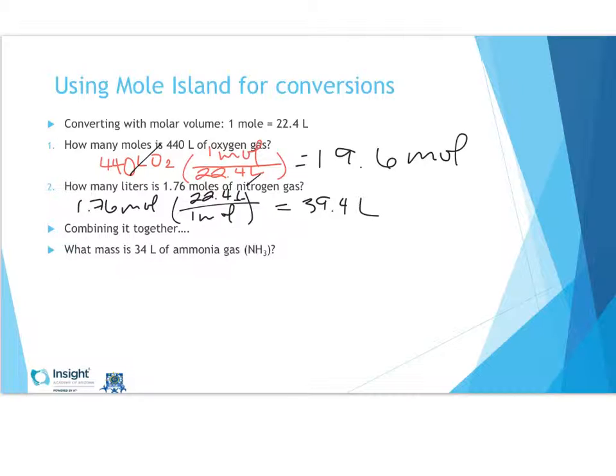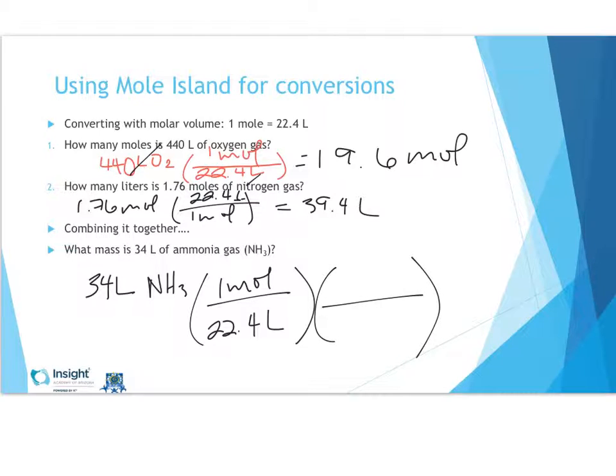What mass is 34 liters of ammonia gas? This is going to take 2 steps because I can't go straight from liters to mass. I have to go liters to moles, then moles to mass. So 34 liters, ammonia gas is NH3, 22.4 liters, 1 mole.